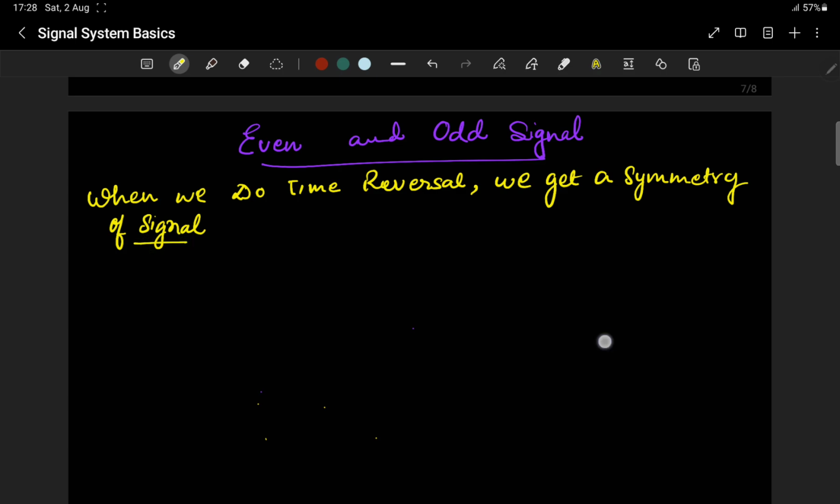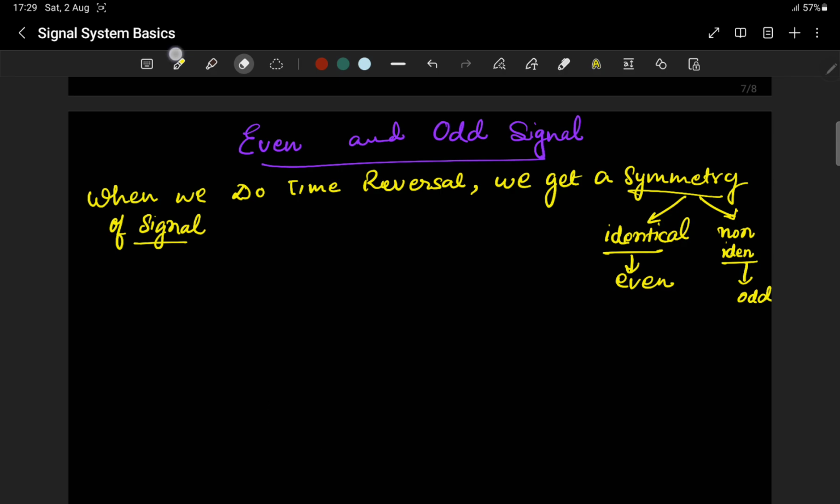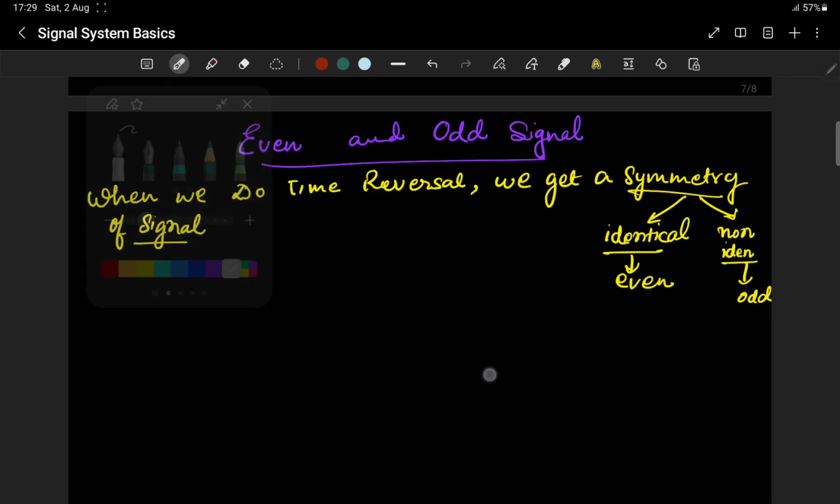This symmetry of the signal basically defines whether the signal is even or odd. If this symmetry is identical, then we call it an even signal, and if this symmetry is non-identical, then it is an odd signal. Let me work through each of these with equations so that it is clear for you. Let me tell you first about the even signal.